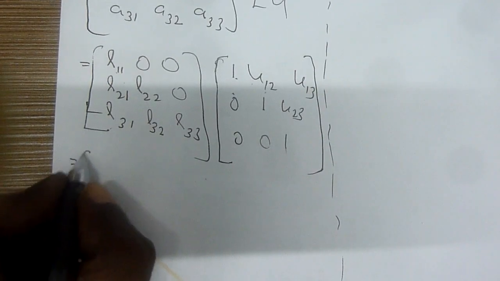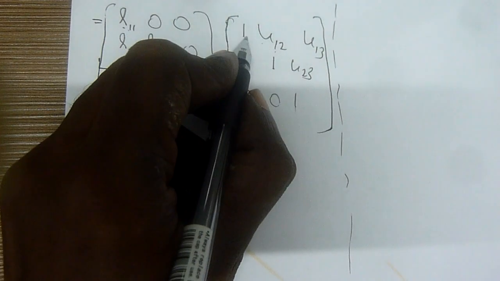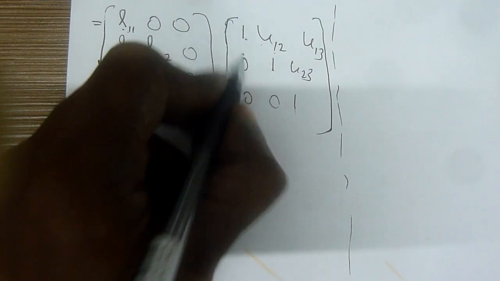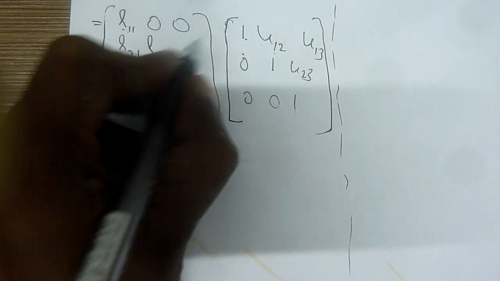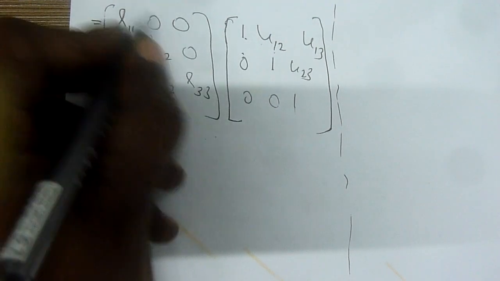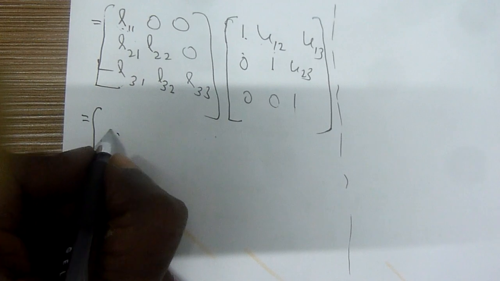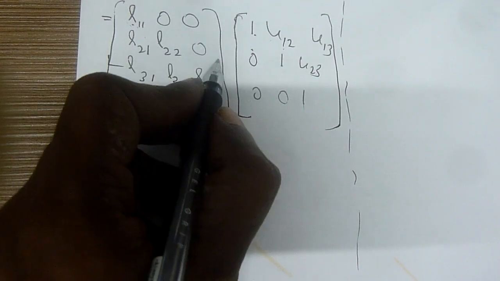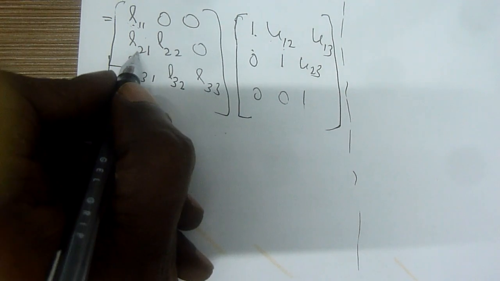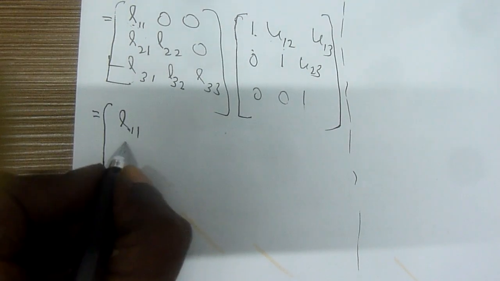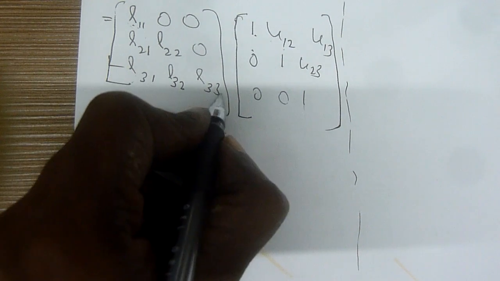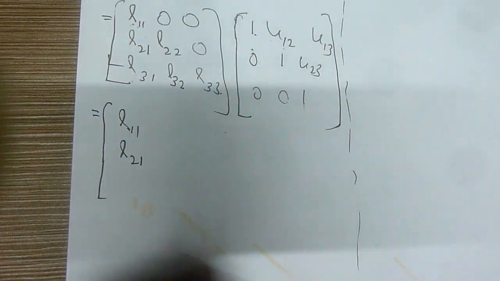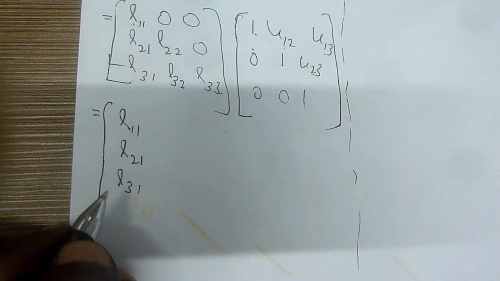You multiply this. The first row of L times the first column of U, you will get L11. Next, this times the 1, you get L21. You multiply this with the number 1, you get L31, no problem.